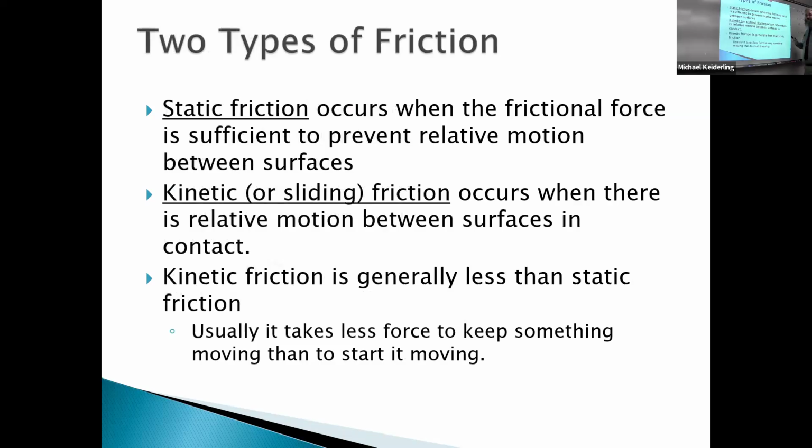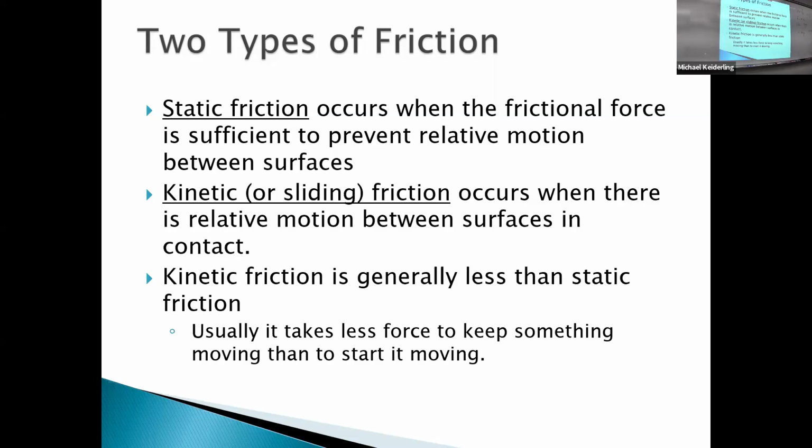There's two main types of friction. Static friction is the friction force between two surfaces when they aren't moving relative to each other. This is the force between your shoes and the ground, the force between the tires of your car and the ground, if things are going right. The force that keeps things from starting to move if they're sitting still on a table.